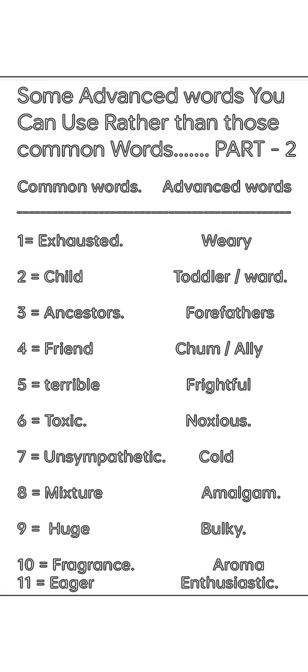Unsympathetic, that is cold. Just cut unsympathetic and use cold. Next is mixture. Instead of mixture you can use amalgam. Huge can be replaced by bulky, fragrance by aroma, and eager by enthusiastic.